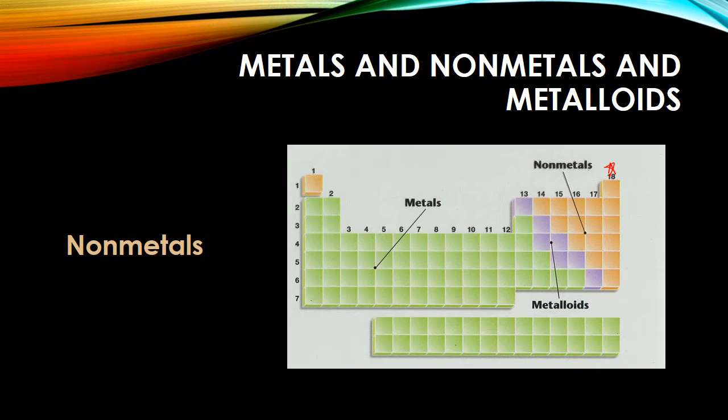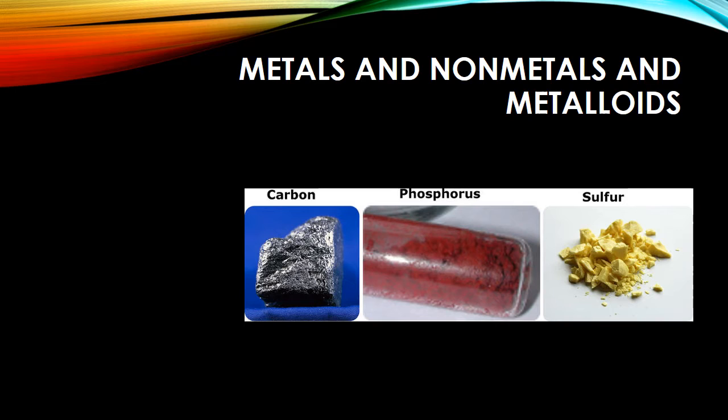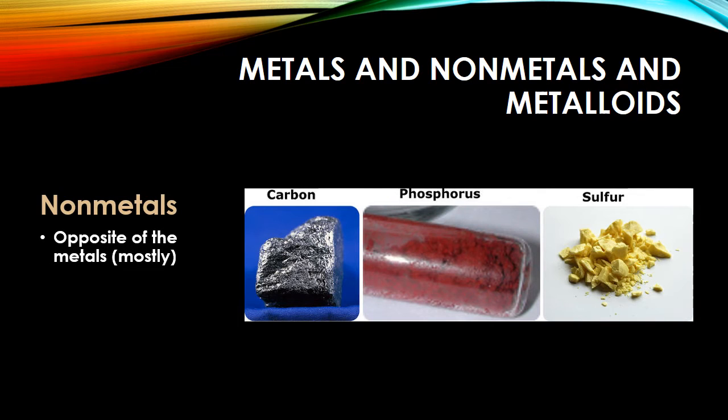So we're going to go with, yeah, they're nonmetals. Nonmetals have characteristics that are basically just the opposite of metals for the most part. I mean, carbon as graphite can conduct electricity, but they're not shiny, they're not malleable, they're basically the opposite.